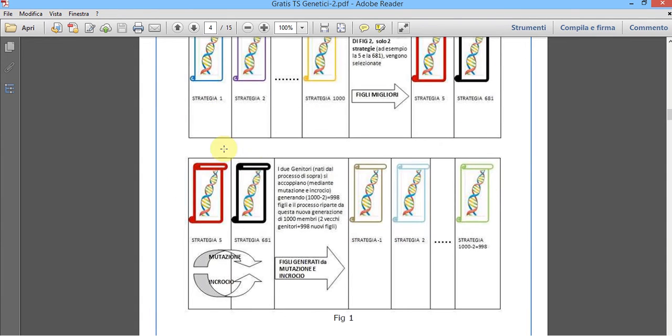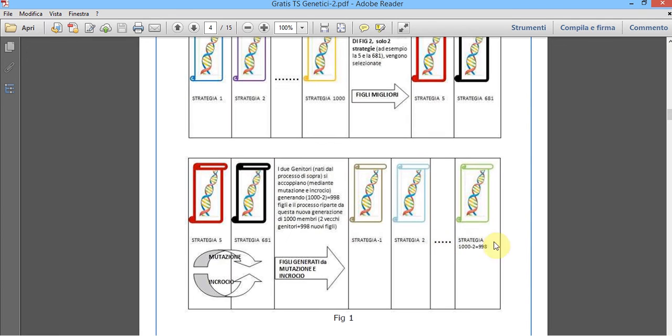After that, these two parents are combined to produce new children in order to have a new generation. So in total we have the two parents and then 1,000 minus 2 children.